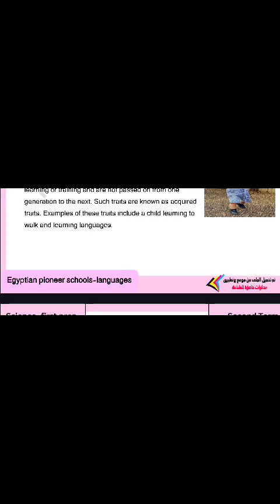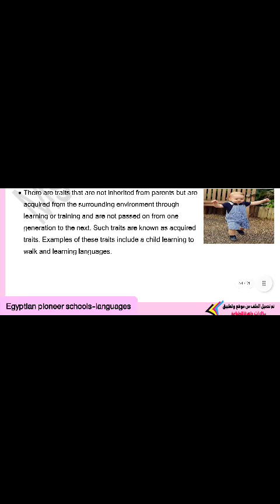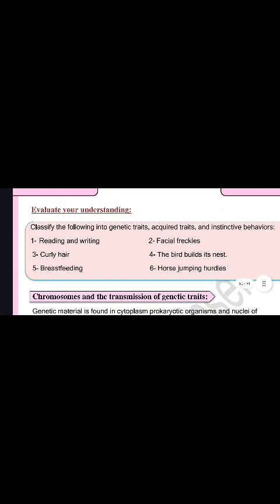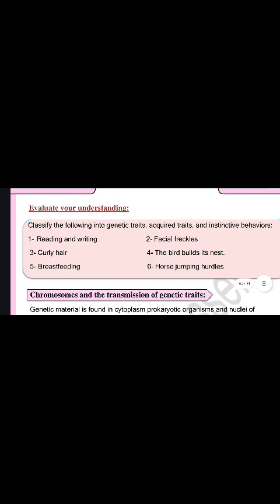Examples of these traits include a child learning how to walk or learning different languages. These are examples of acquired traits. Okay, so these are different traits in front of you, and you have to detect which one is considered a genetic trait, which one acquired, and which one instinctive.